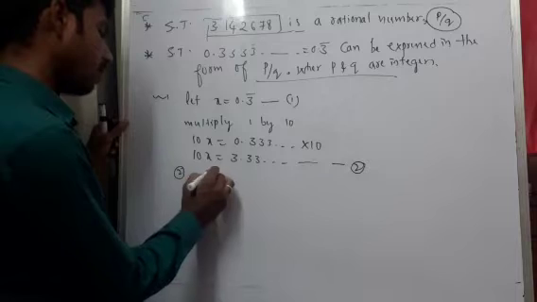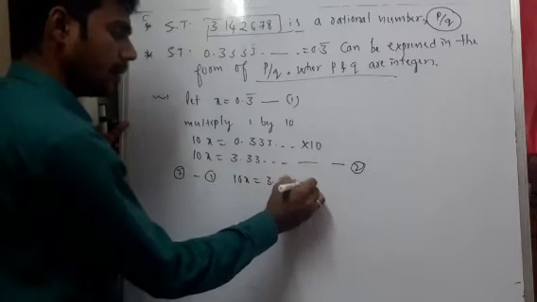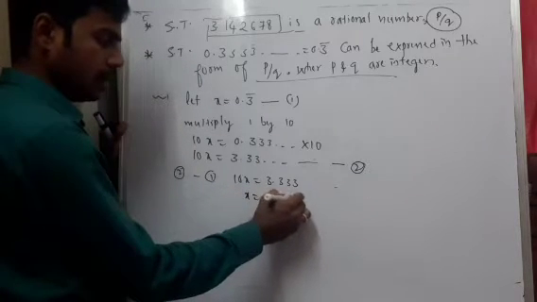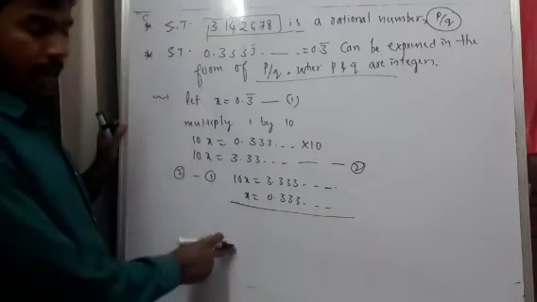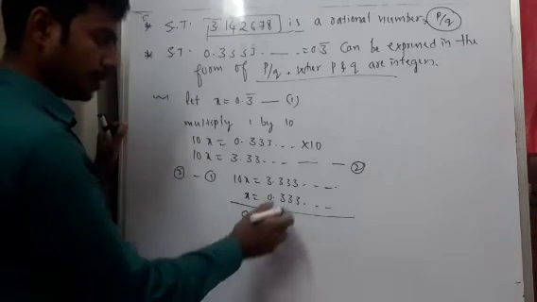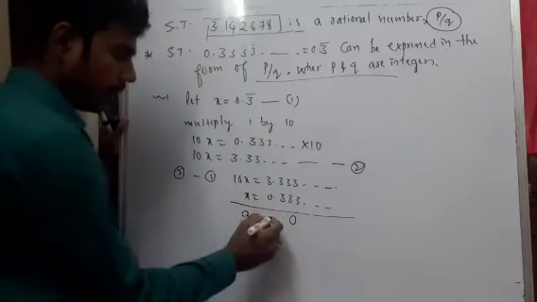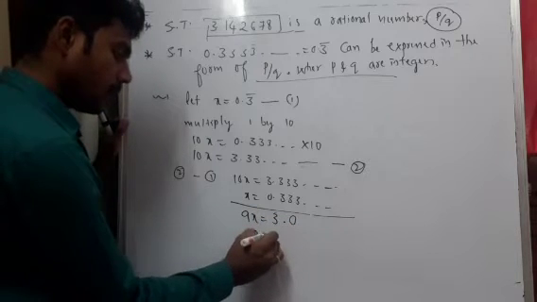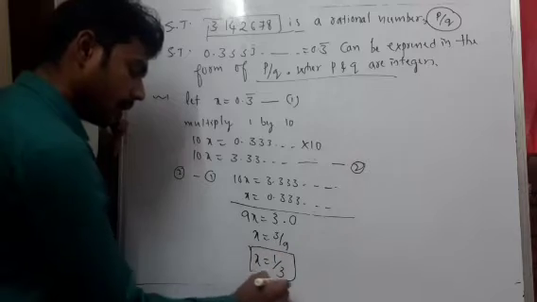Now 2 minus 1 gives us 10x is equal to 3.333, and x is equal to 0.333. So if we subtract, 10x minus x, that is 9x, is equal to, the same digits give 0 when you take the difference, 3 minus 0 is 3. So x is equal to 3 by 9, or x is equal to 1 by 3. This is in the form of P by Q.